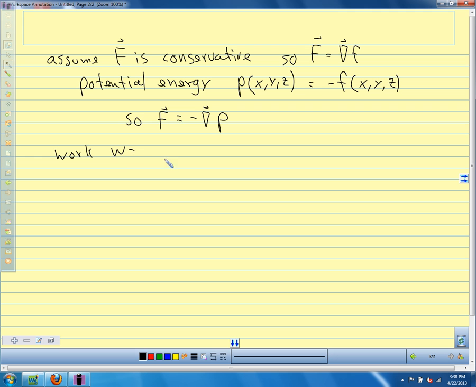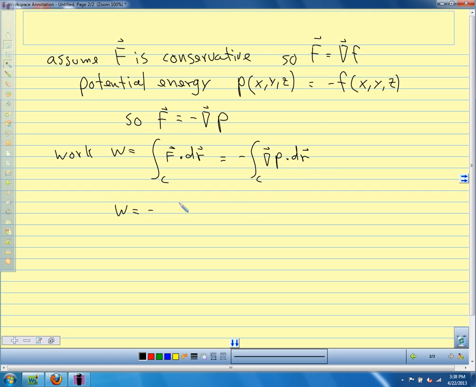So our work W is the line integral along C of F dot dr. And we're going to say that that's just the opposite of del P dot dr. And by the fundamental theorem of line integrals, this is just the potential evaluated at A, the potential evaluated at B, and the difference.